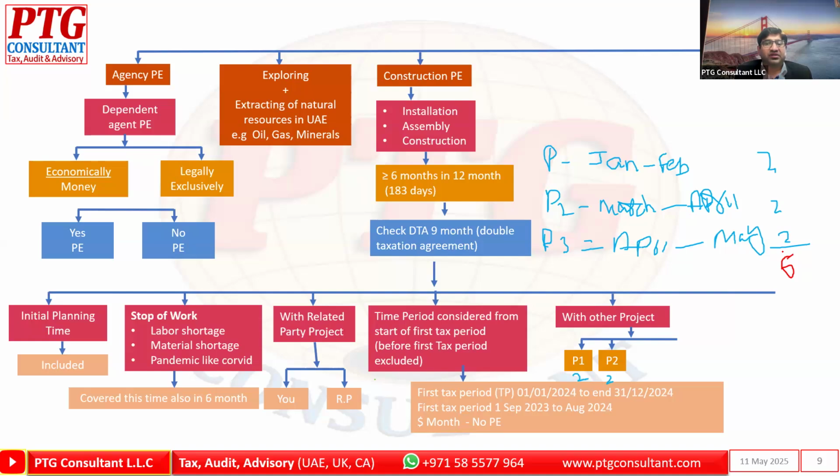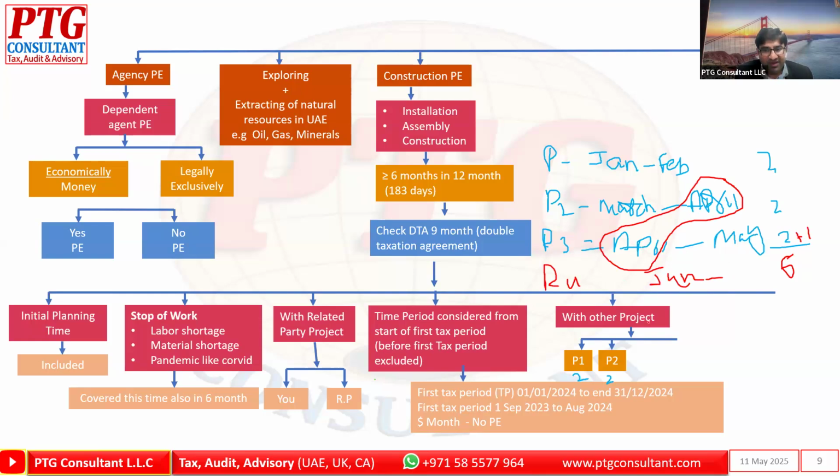Yes, this is what I was testing here, because this is the overlap. Overlap means even if you work in the same months for two projects, it counts as the same timing. If you did another project, P4, in June, then it will be 6.